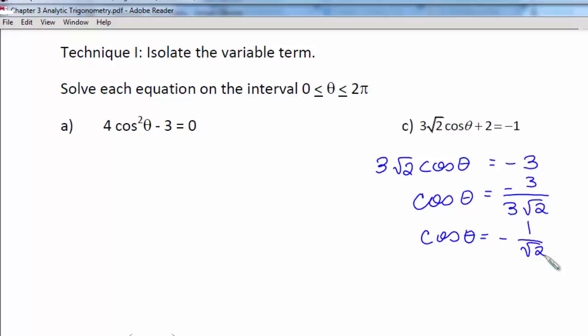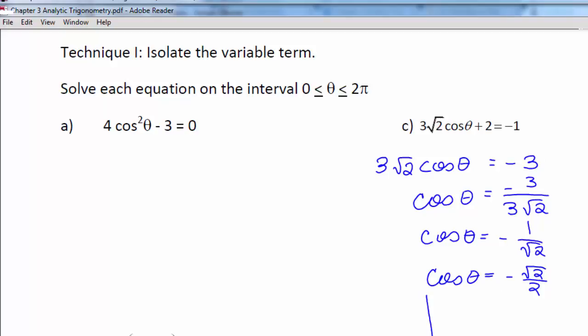Okay, well, that should look familiar to you, right? We're talking about cosine theta equal to what? Well, theta would be pi over 4, and this is minus root 2 over 2. So you should be thinking about a reference angle of pi over 4. In this case, we just need to know where cosine theta is equal to negative root 2 over 2.